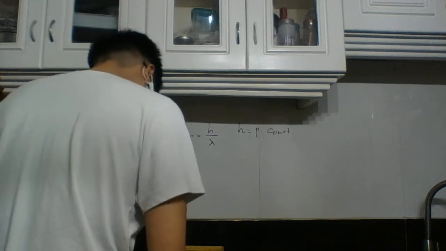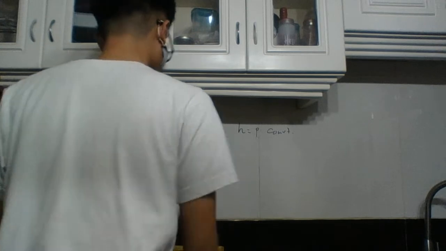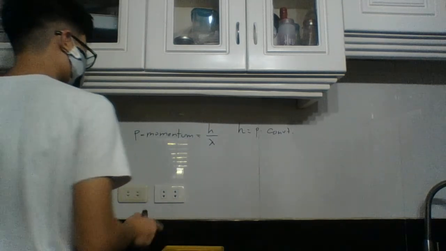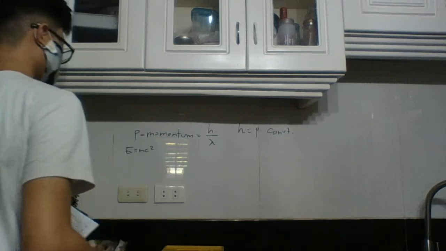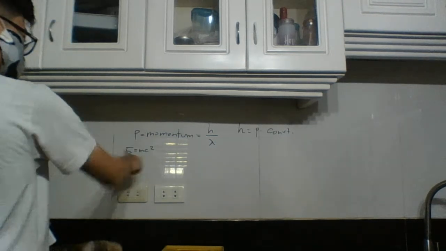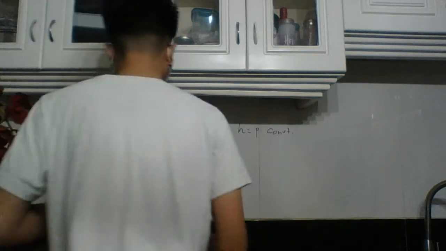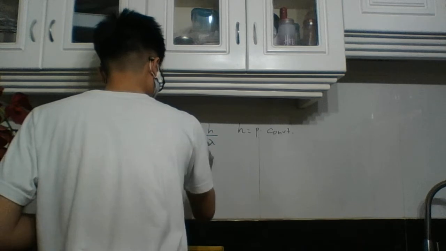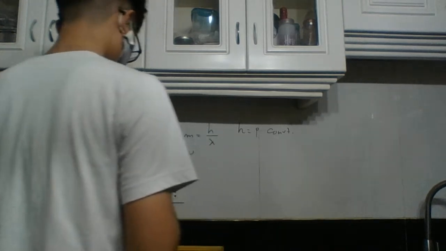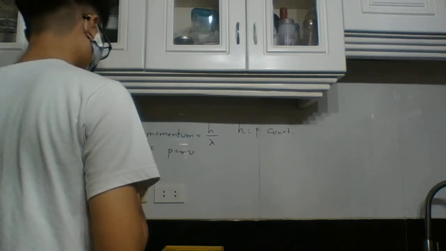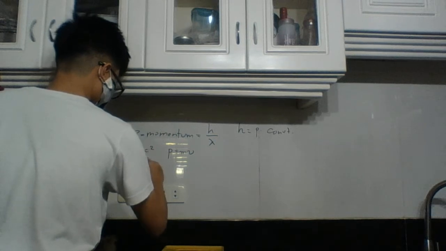Now, how do we derive this? Recall what Einstein said, which is E equals mc squared. The energy is equal to the mass times the speed of light squared. And then recall that the momentum in classical mechanics is the mass times the velocity. Now rearrange this equation, we get m equals E over c squared.